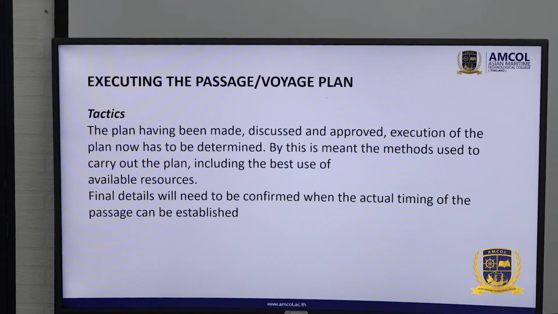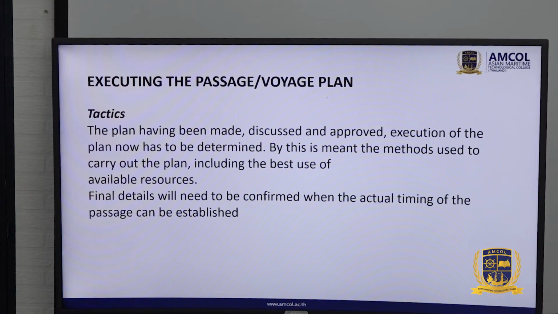Plan having been made, discussed and approved, execution of the plan is now determined. This means the method used to carry out the plan according to the best available resources. The final details will need to be confirmed with the actual timing of the passage plan.